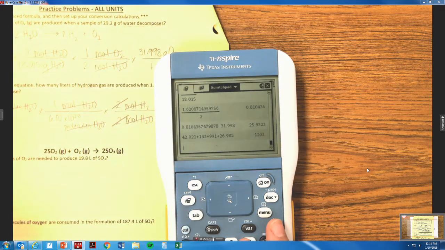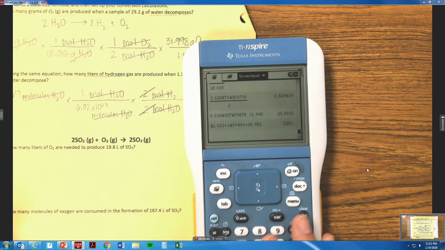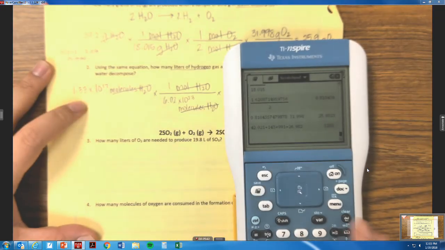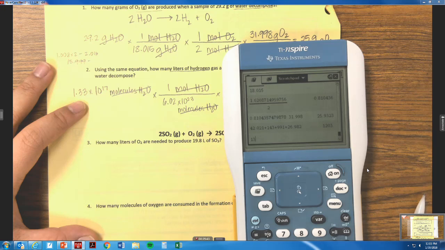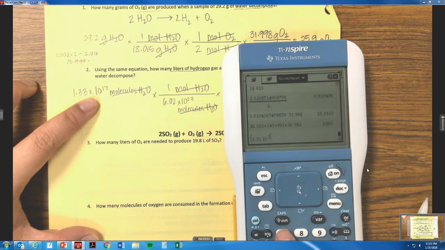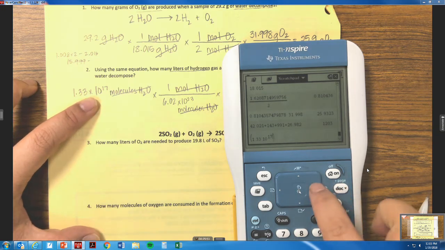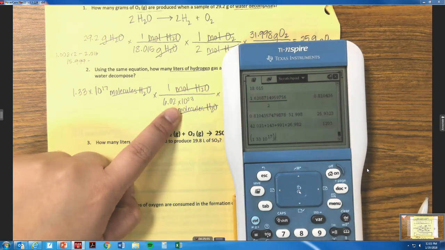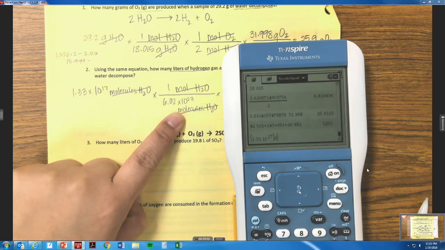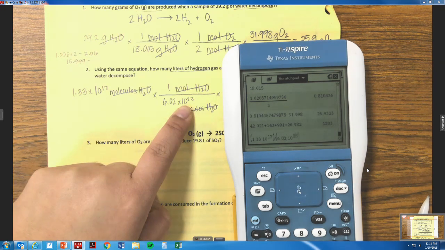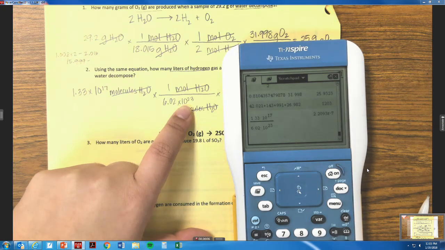I have, using parentheses, 1.33 times 10 to the 17th power, and we're dividing that by, using parentheses again, 6.02 times 10 to the 23rd power, and we get that crazy number.